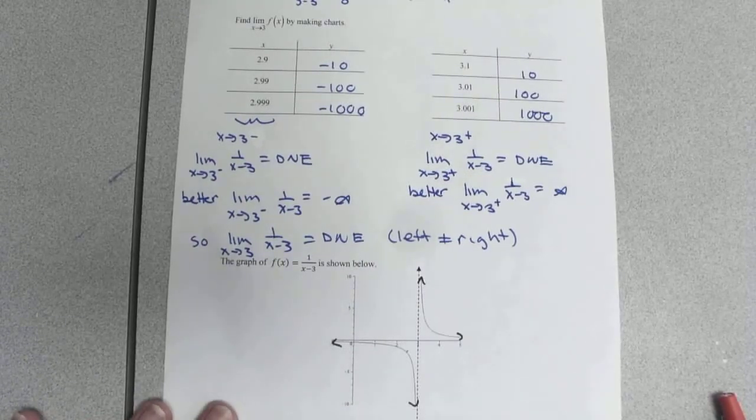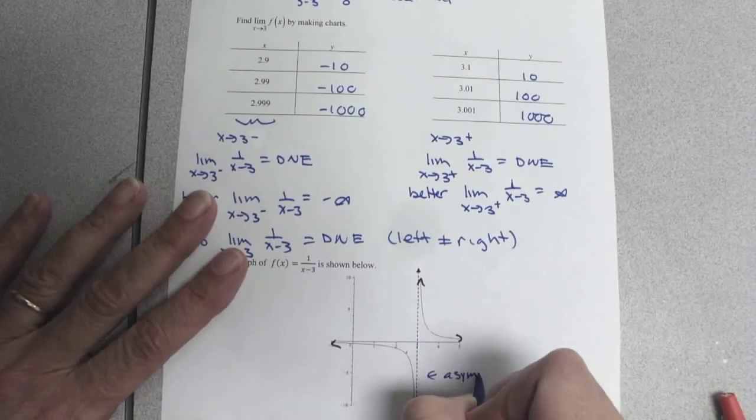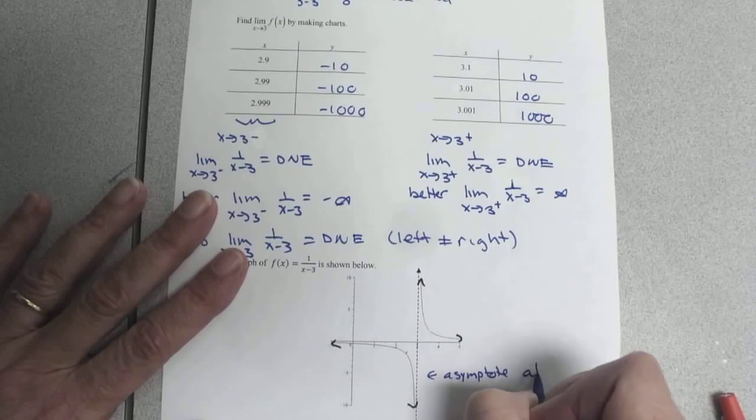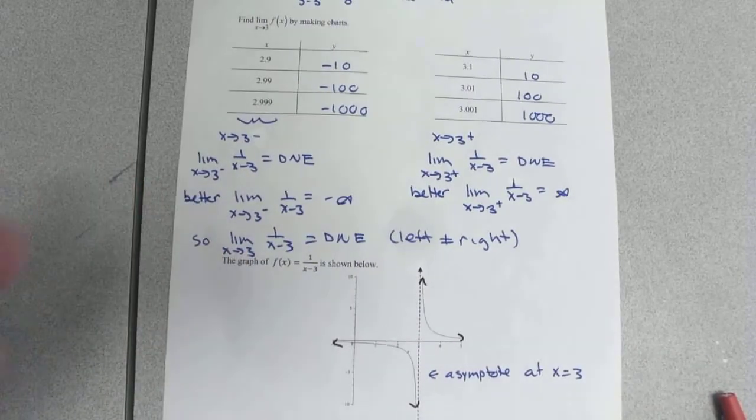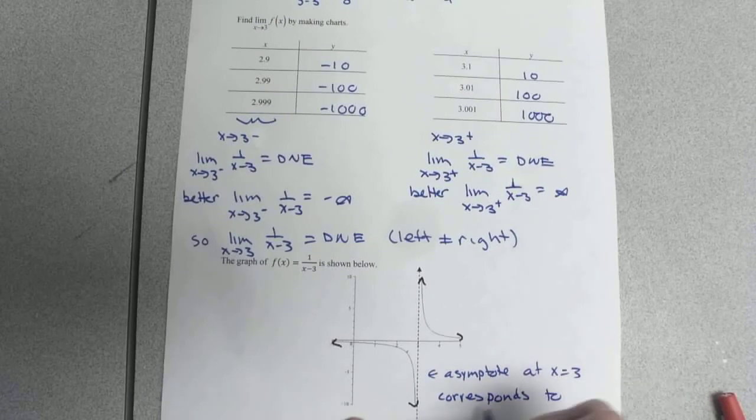Over here, looking at the right of 3, I have an asymptote at x equals 3, which corresponds to the function being undefined. That corresponds to f of 3 being undefined.